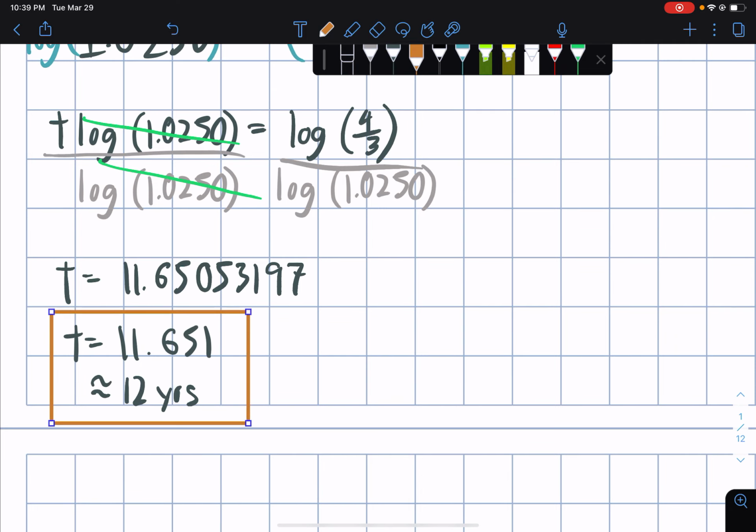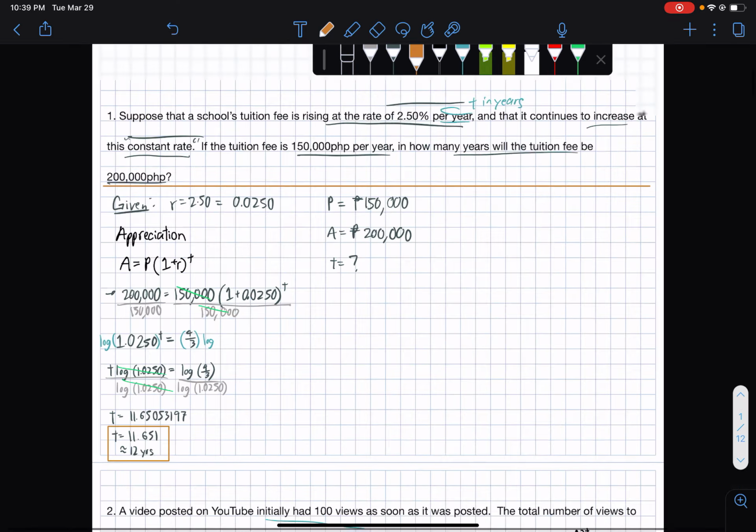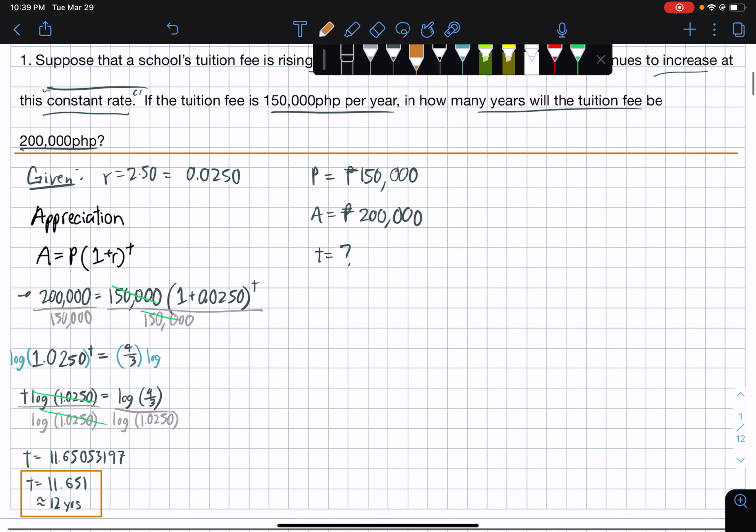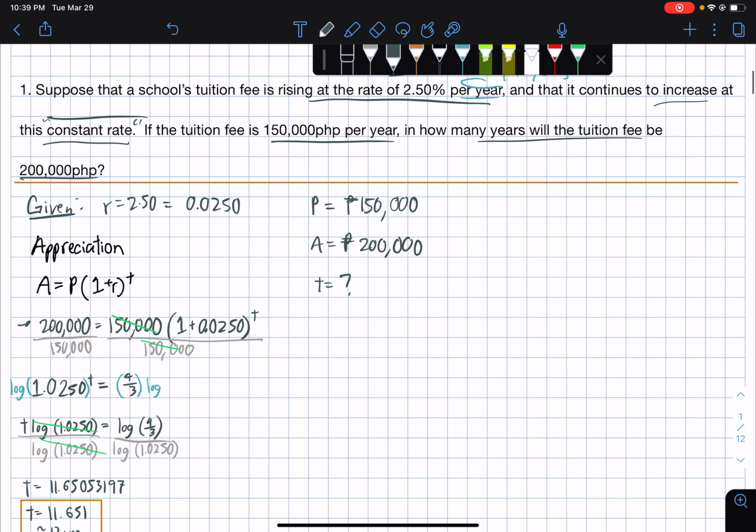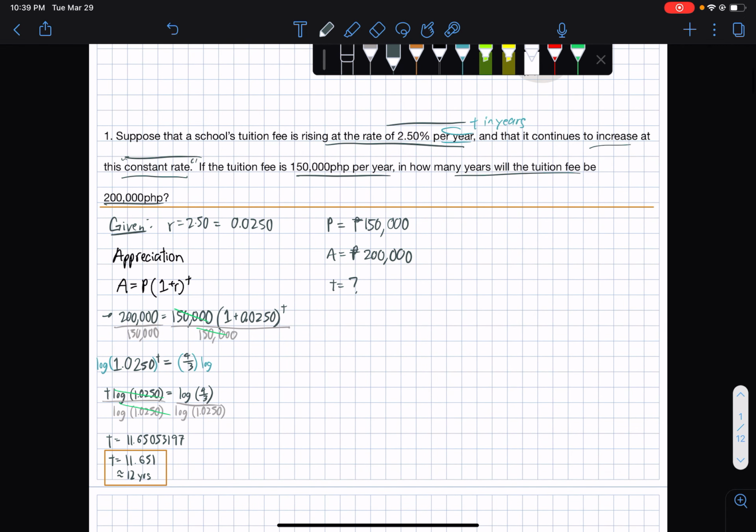To recall, the question asks, in how many years will the tuition fee be 200,000 pesos? So it would be after 12 years. So yeah, that's it for number 1. I'll give you 3 seconds to absorb what was taught just now.